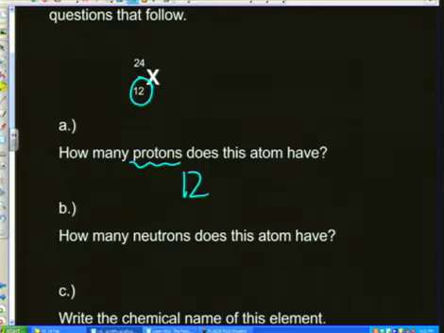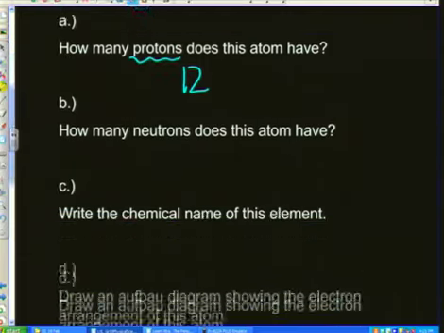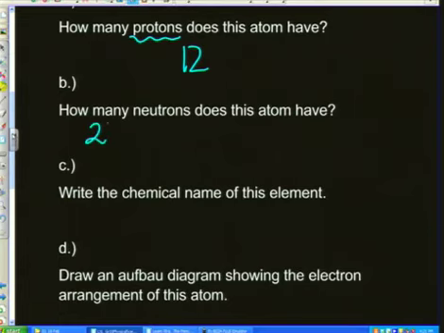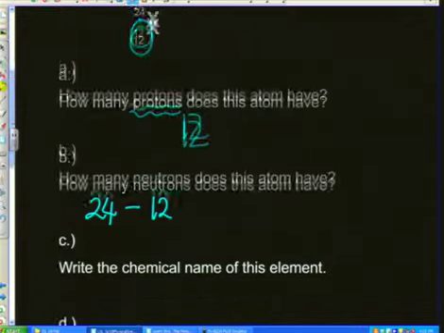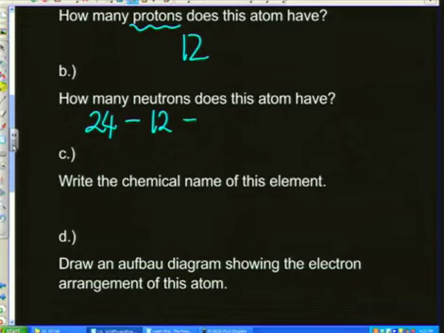How many neutrons does this atom have? Well, in this case, it was 24 minus 12. Why? Well, because I had to take the number at the top, the atomic mass, minus the atomic number. And it doesn't always have to be the same number. In this case, it is, because it's equal to 12.